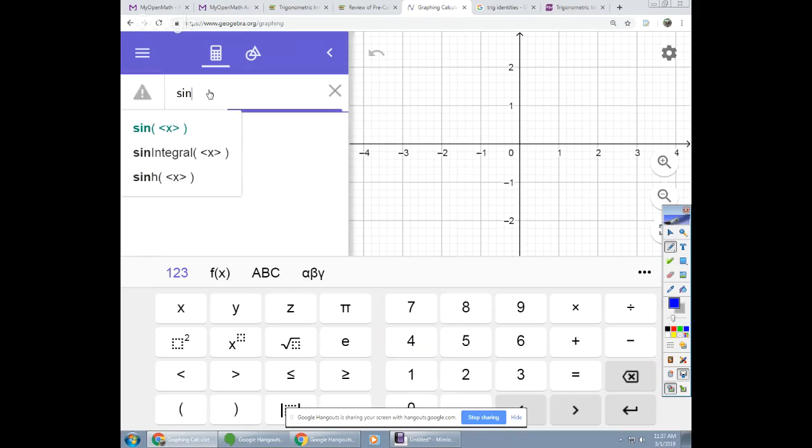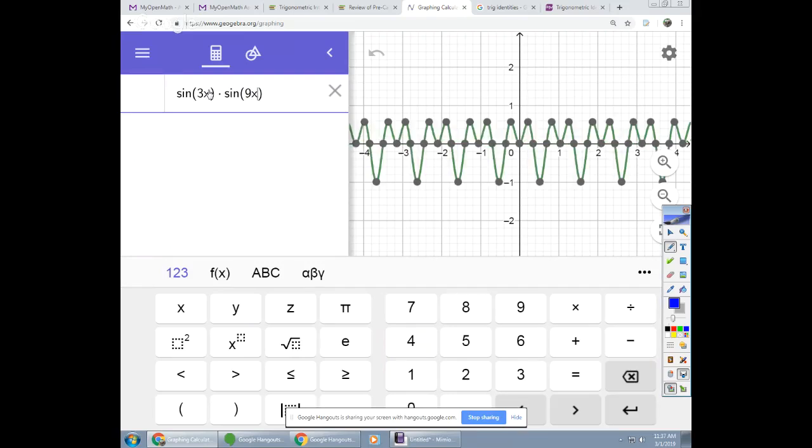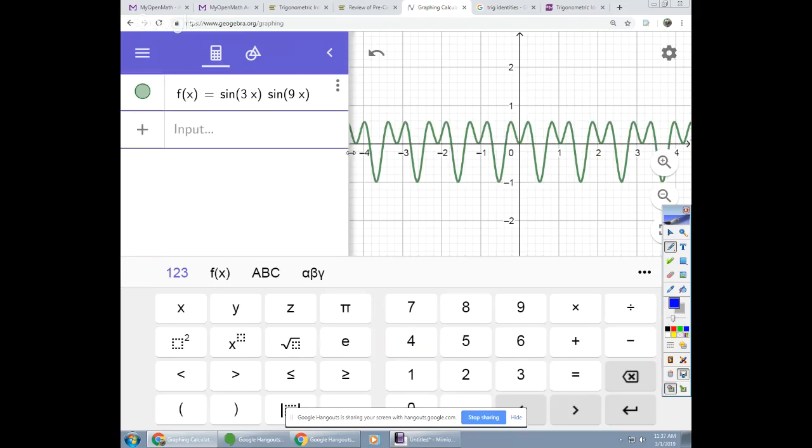So we have the sine of 3x times the sine of 9x. Yeah, this is kind of a cute one. Is this amplitude modulation or frequency modulation? Let's see, which has the greater period?